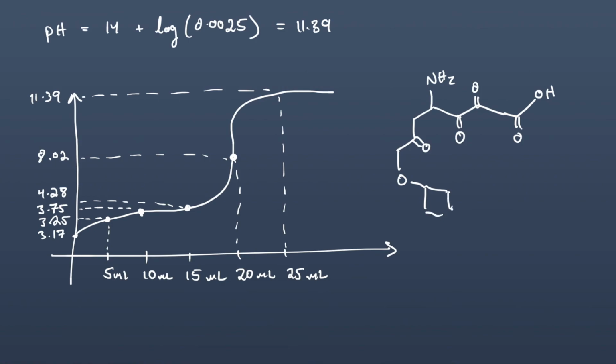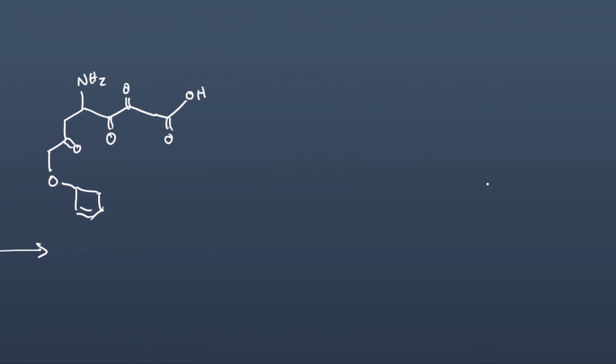I'm having some fun here. We have this weird molecule and we want to titrate it. If we want to titrate it, we can create a solution of this, then take a known concentration of NaOH and titrate it.